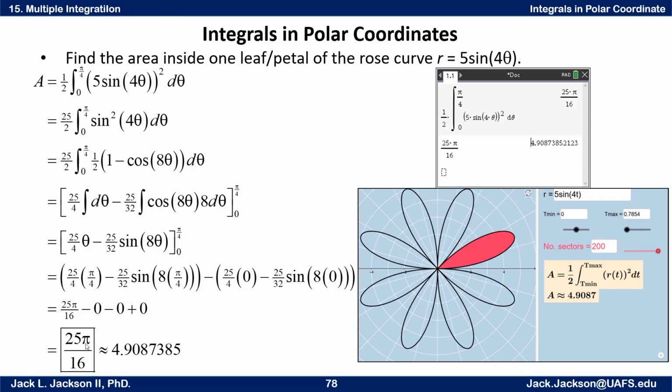So there we have it. It agrees with the approximation technique using the software there with 200 slices. Shades it pretty well. And we see that the decimal version there and the decimal version up here agree, the exact value being 25 pi over 16.